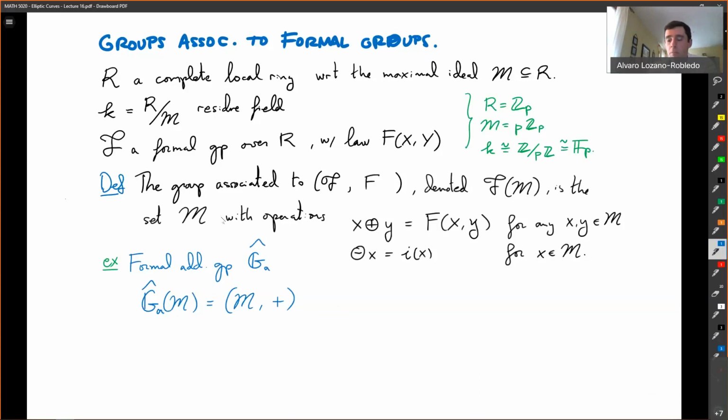And note this group, the group associated to the formal group, fits in an exact sequence as follows.